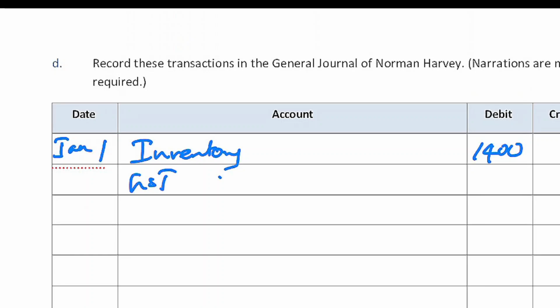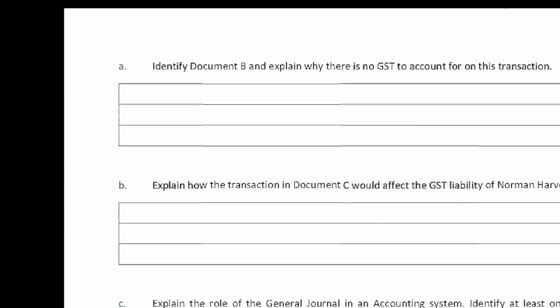Again GST clearing debit 140 and your credit 1540 in the bank. Everybody is good? Right. The next one, guys.